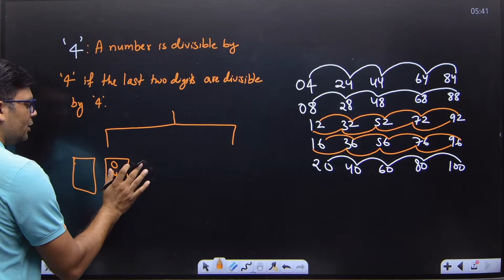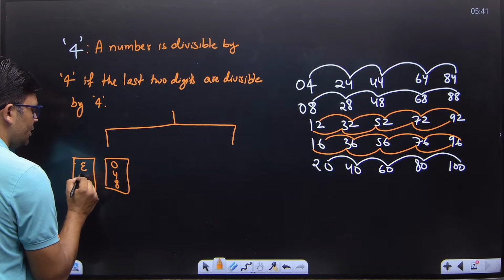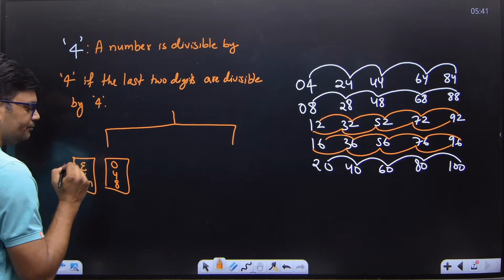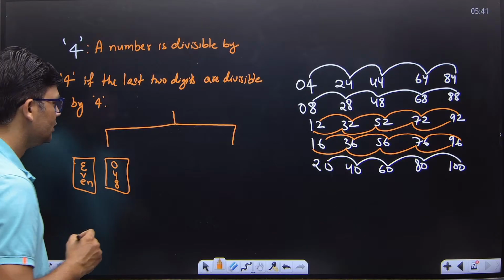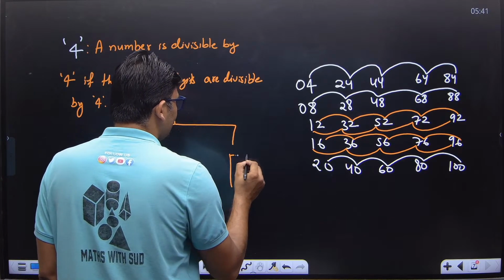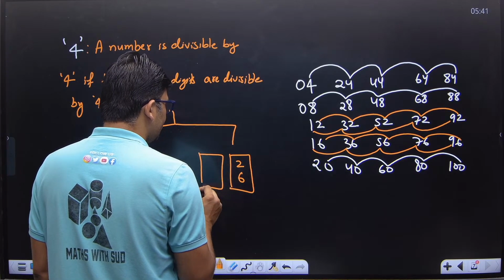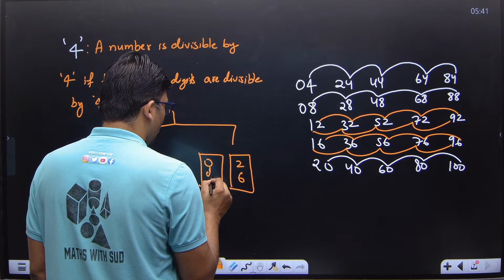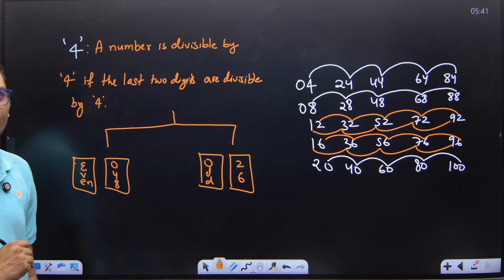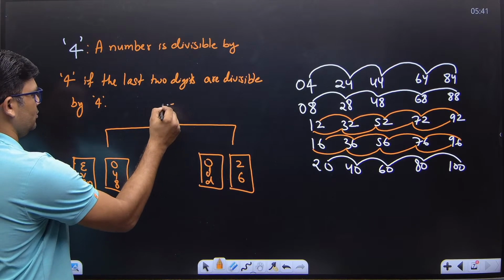So you have to look at the two digits, and the previous digit must be an even number. And if the last digit ends with 2 and 6, the previous digit must be an odd number. Are you getting it?